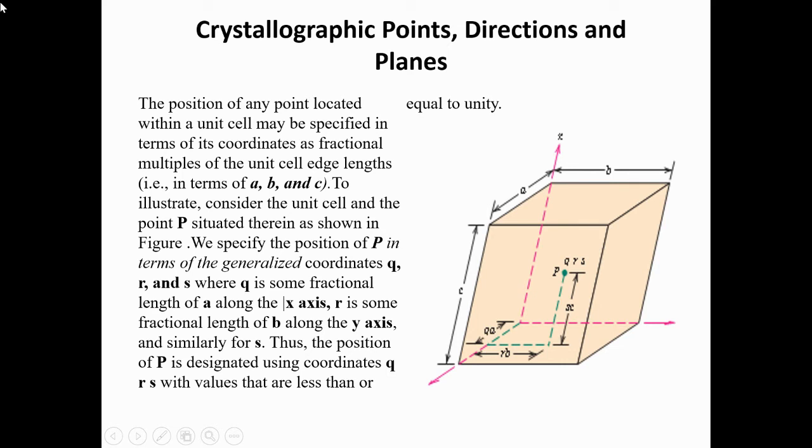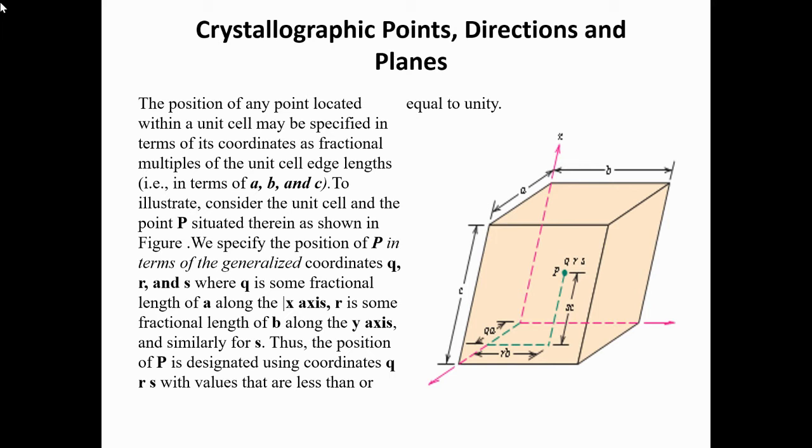Suppose you want to specify a point which is located anywhere within the cube. So how can you locate that point? That is, the position of any point located within a unit cell can be specified in terms of its coordinates.